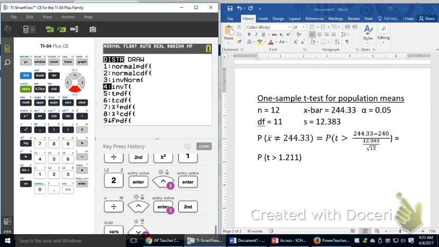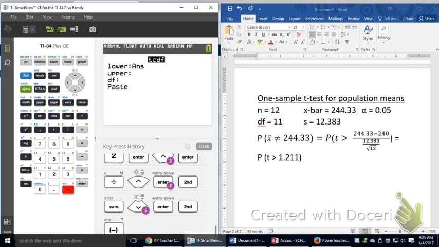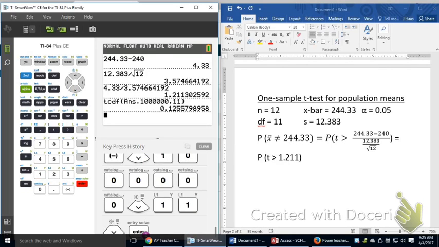I'm looking for a value, so I'm going to do tcdf. I'm going to start at my 1.21, which is my previous answer on my calculator. I'm going to go to a really big number. That'll work. My degrees of freedom is 11. I'm going to paste it in, and that's going to give me a value. Now this value it gives me so far is just the probability I'm greater than.